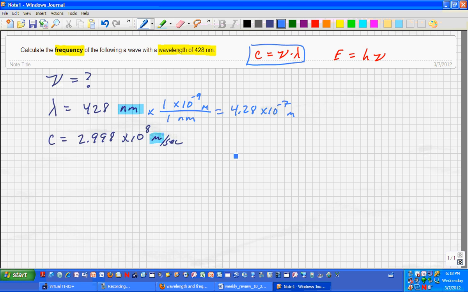So we've got 2.998 times 10 to the 8th meters per second is going to be equal to nu, which we don't know, times 4.28 times 10 to the minus 7th meters.